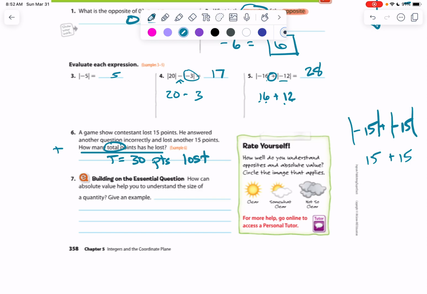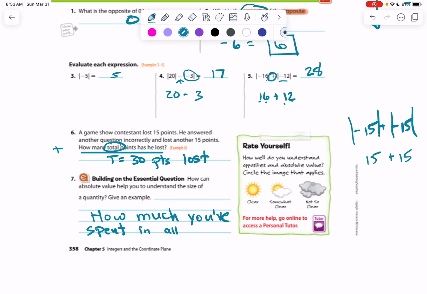So maybe it shows you how much in debt you are, how much you've spent. Or if we're talking about money we owe someone, we borrowed $15 from mom and $15 from dad, then we owe $30, right? How much you've spent in all. Okay, so it gives us a way to think about negative, okay?